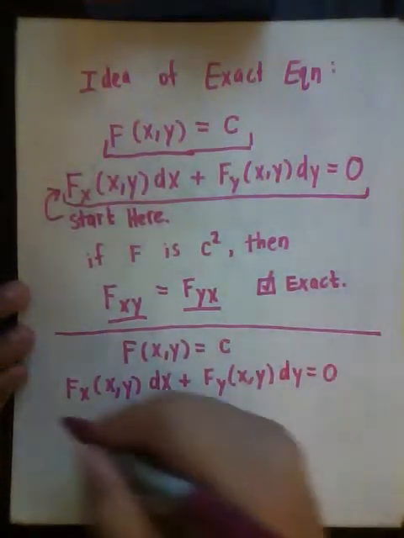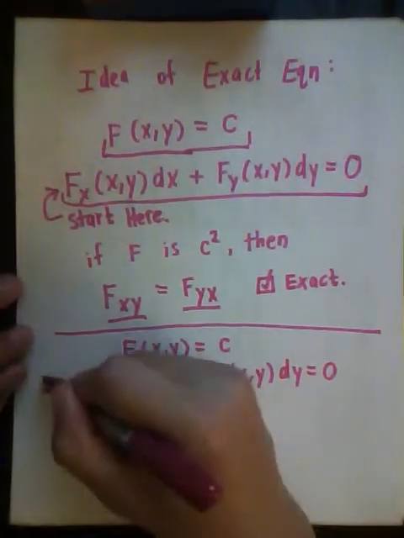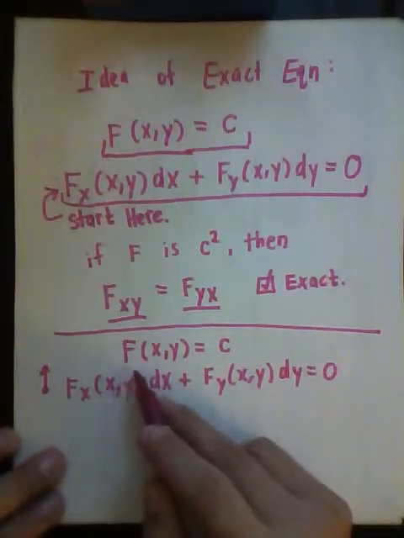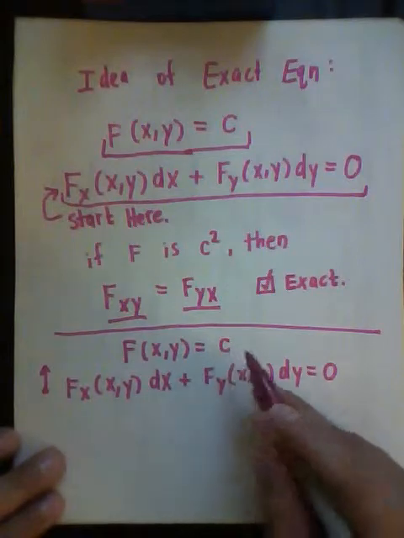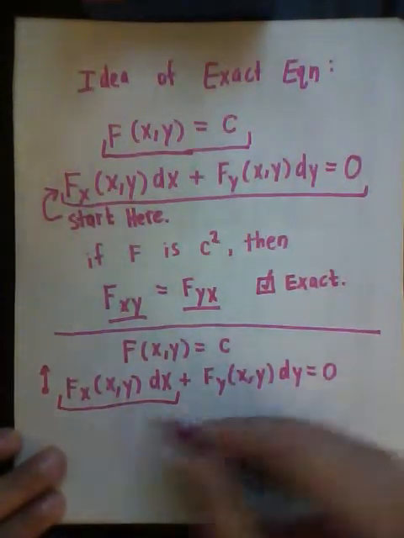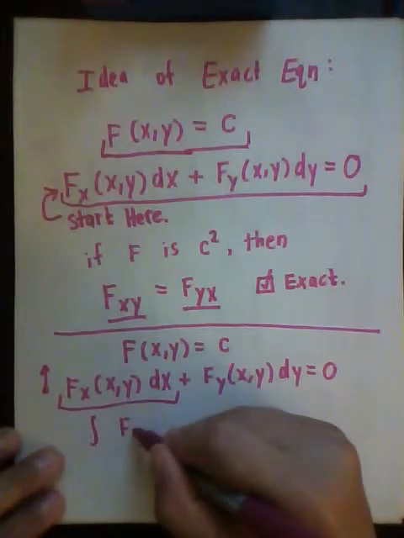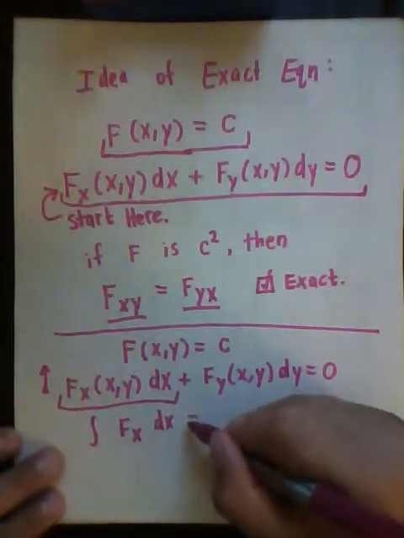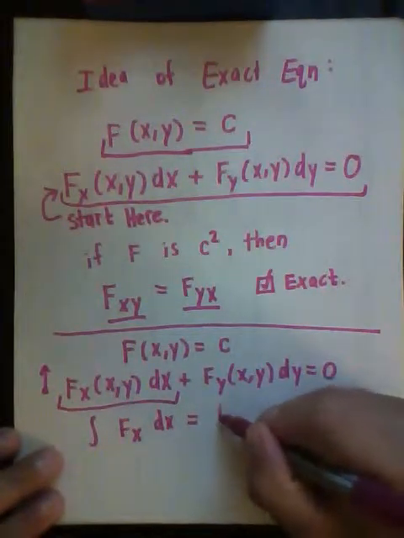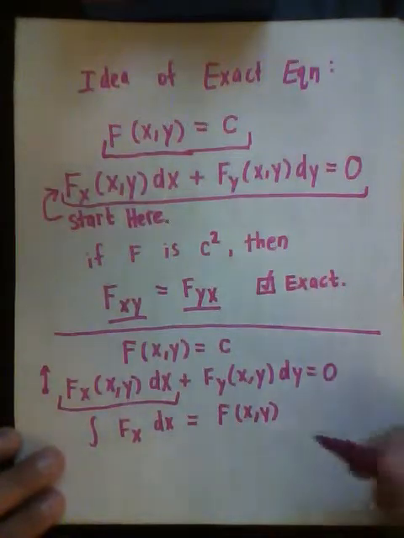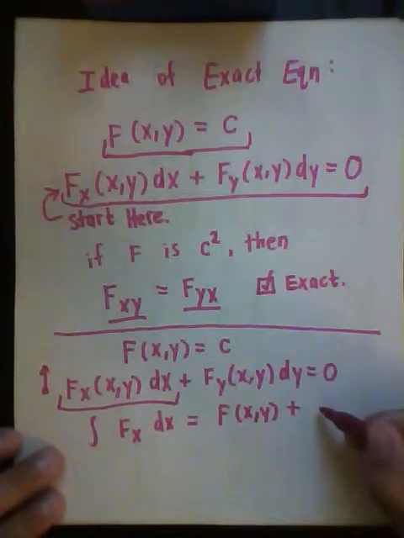So if you're here and you need to get up one level so that you can find the function, what you should do is integrate either one of these. It doesn't really matter. You integrate one of them to give you the function up to some constant.